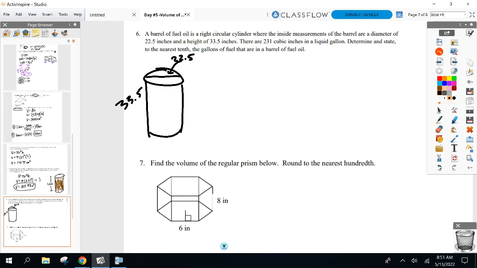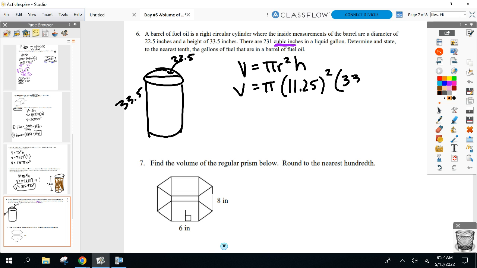Cubic inches. There are 231 cubic inches. So the only way I can convert it is if I know the volume. Pi r squared times the height. Hey, how about that radius? It's 11.25. 11.25 squared times the height, 33.5. Is this going to be our final answer? No. And again, I always ask that because you're not going to.